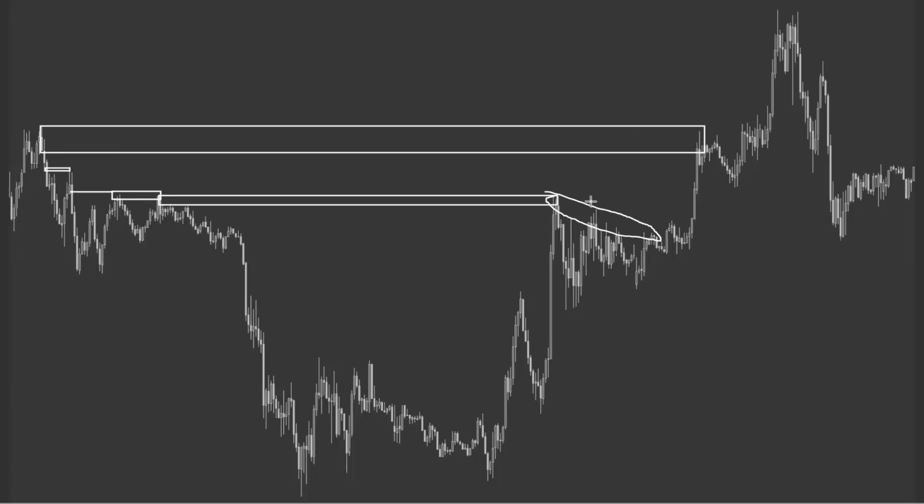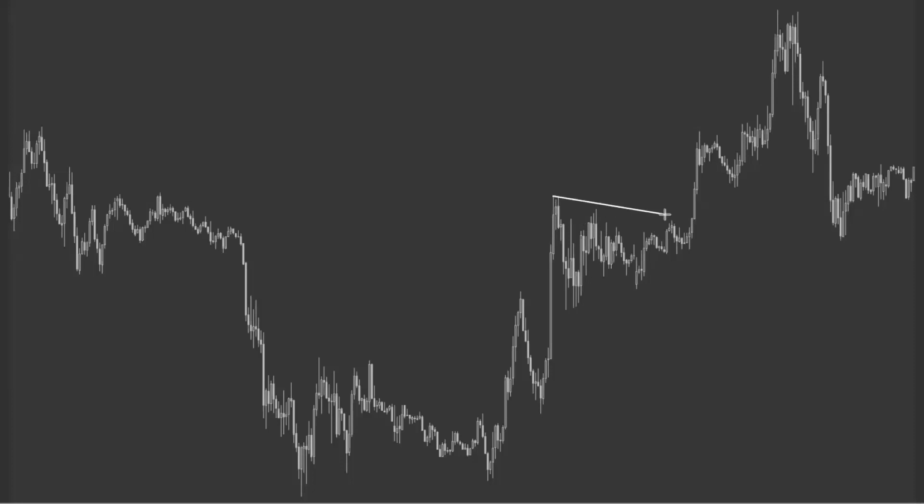So this whole area, that's all compression. There's very little liquidity in there, and you can see as a result, price moves through there quite violently.